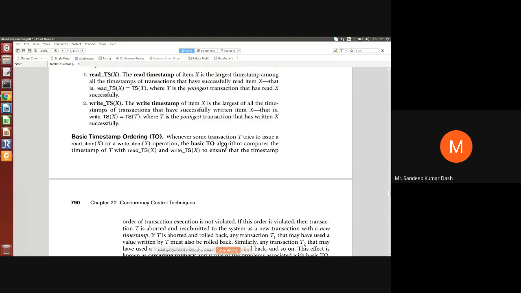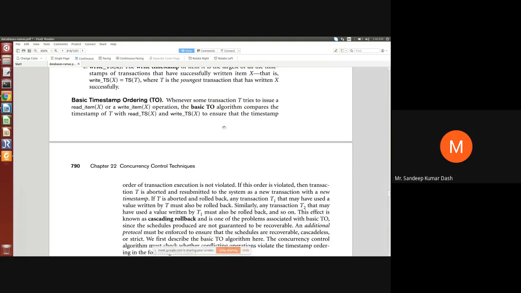Timestamp ordering is nothing but that the order should not be violated in the basic timestamp ordering. Whenever a transaction T issues a read or write operation, the basic TO algorithm compares the timestamp of T with the read timestamp and write timestamp of the item to ensure that the timestamp order of transaction execution is not violated.